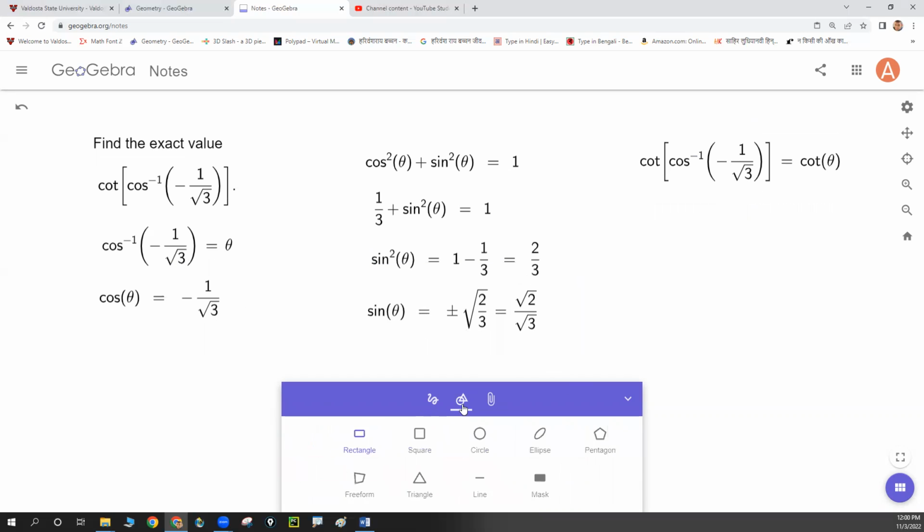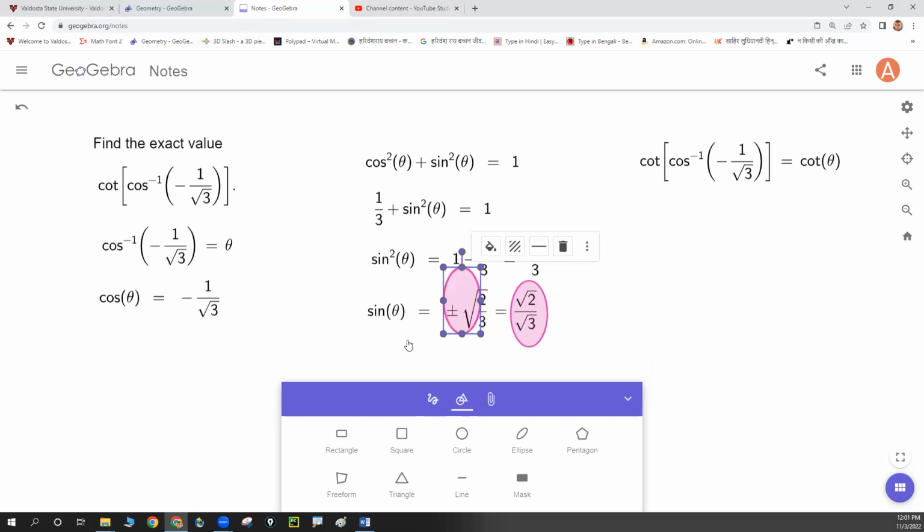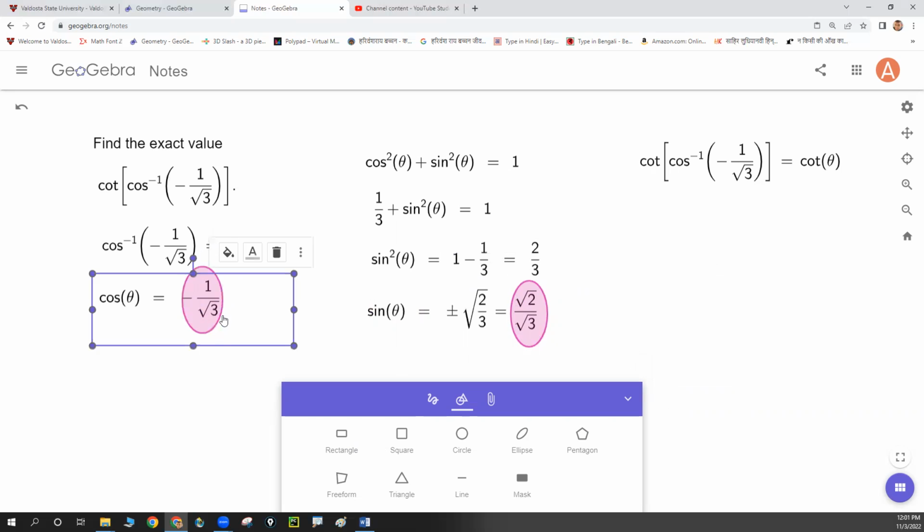Let's do it nicely. Cotangent is cosine over sine. Okay. We're going to do it very nicely. We're going to write this, then divide this by this number.